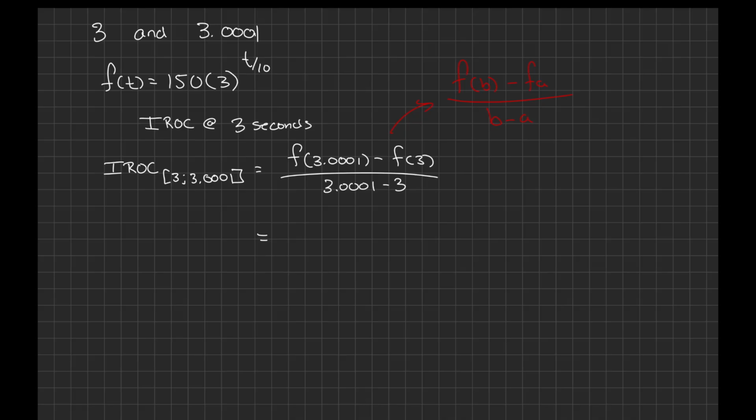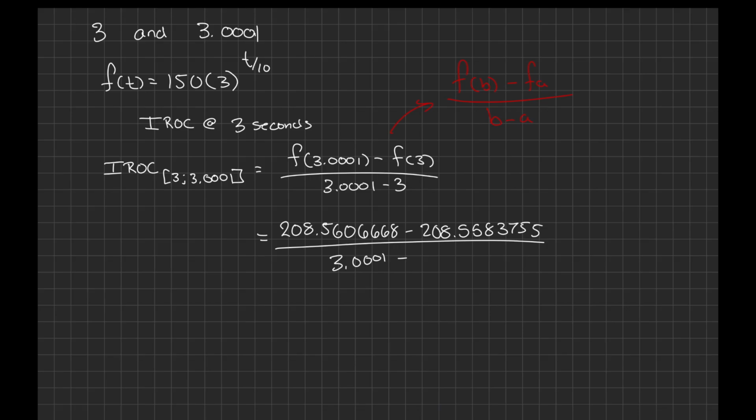And so let's just do this on the calculator real quick. So that is 208.56066668 minus 208.5583755 over 3.0001 minus 3.